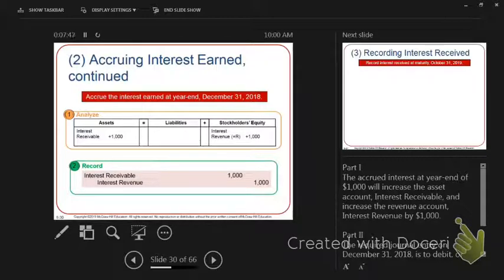Now, what do we have to do to continue to recognize the interest and to equal the $6,000? Have we recognized all of the interest as revenue? No. So how much more do we need to recognize as revenue? $5,000. So interest revenue, $5,000.